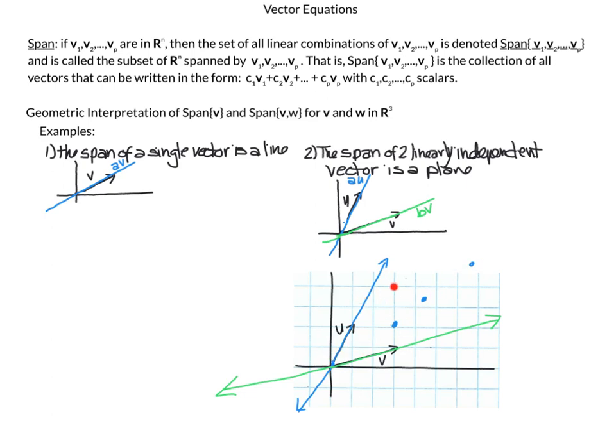If I wanted to get something off this line, but within these two vectors, I could do something like 1/2 v and twice u. So let's do 1/2 v, twice u. So moving my 1/2 v, moving my twice u, I get this point over here.